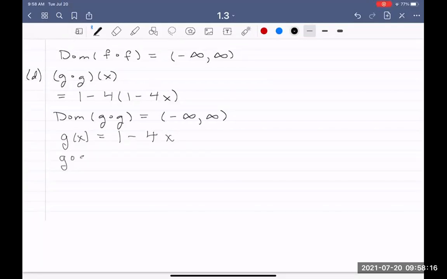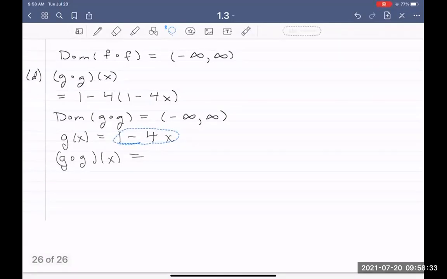So G composed with G at X is, wherever I see an X here, I'll replace this X by 1 minus 4X. So let's do that. Let's do 1 minus 4. And let's replace this X here by 1 minus 4X.